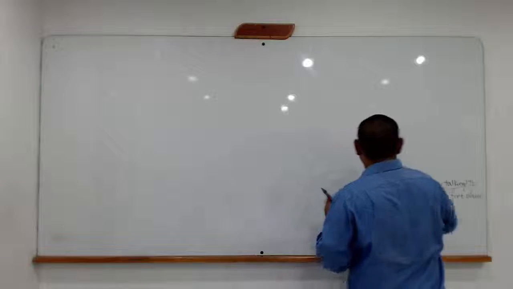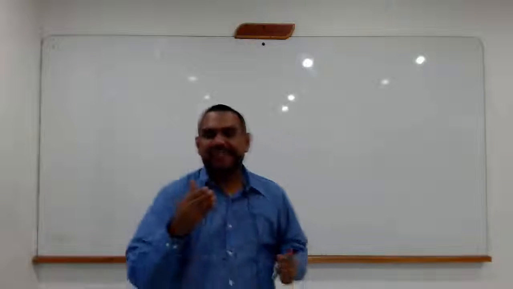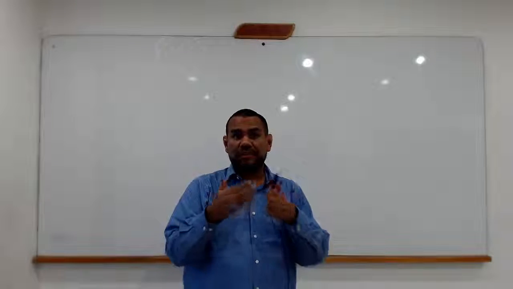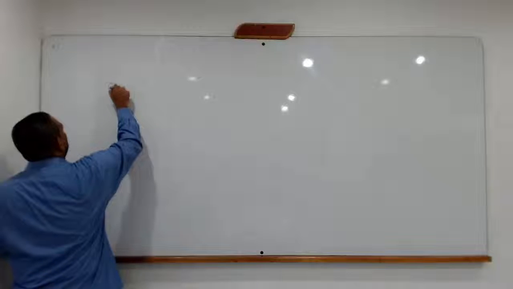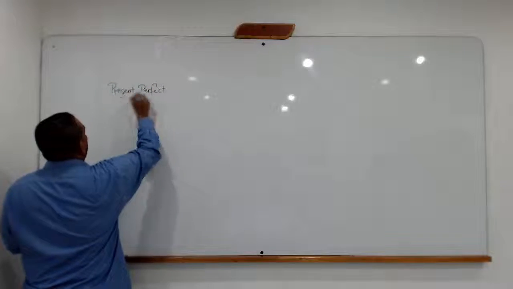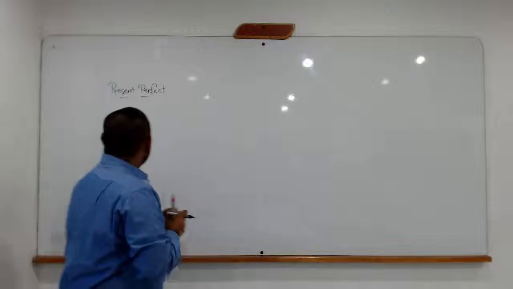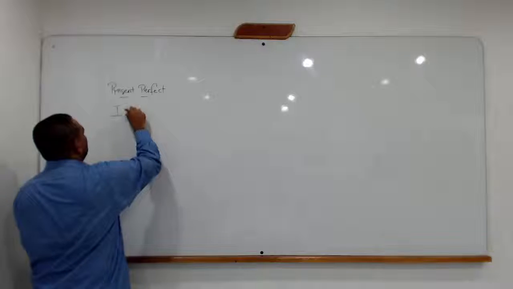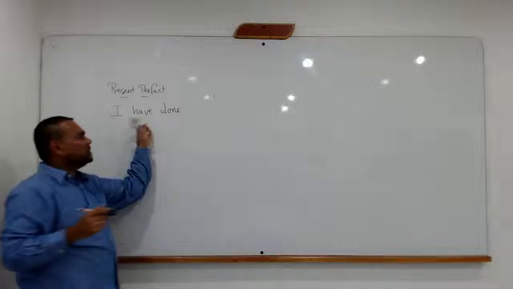Okay, let's go ahead. Now, another really important one that you need to know in terms of the meaning and use is present perfect. Okay, present perfect. A tense which is really important too. And the way you can express it and summarize it is "I have done."